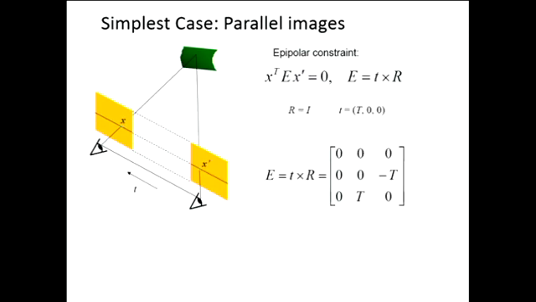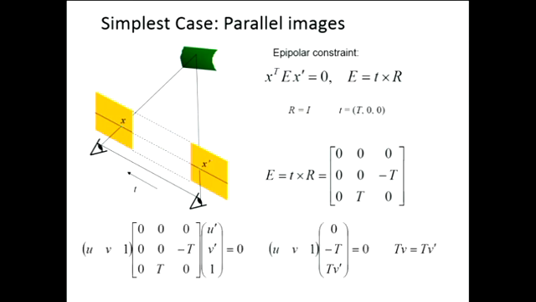You can look at this if you just do the math. If rotation is identity and translation is tx, 0, 0, and I compute my essential matrix as the skew symmetric matrix of T times R, I just get that E is equal to this matrix, which has only 2 non-zero entries.